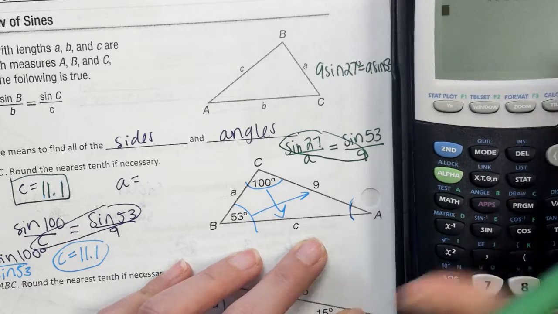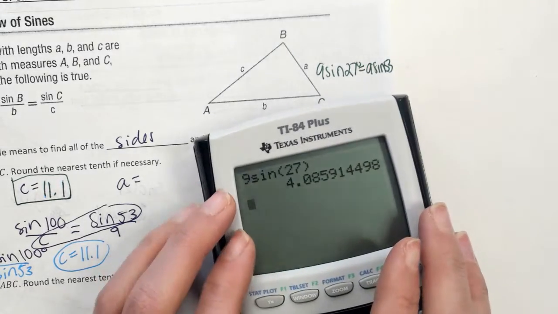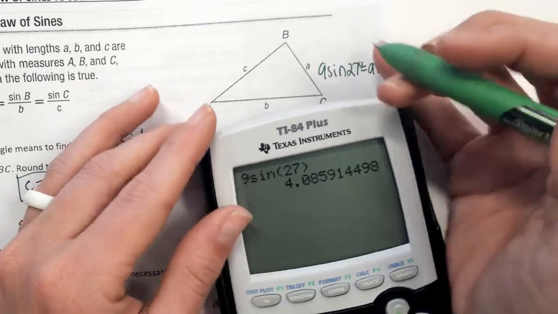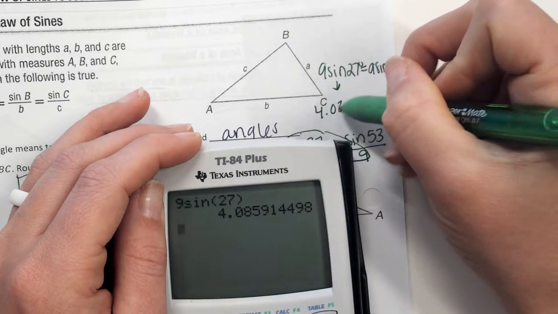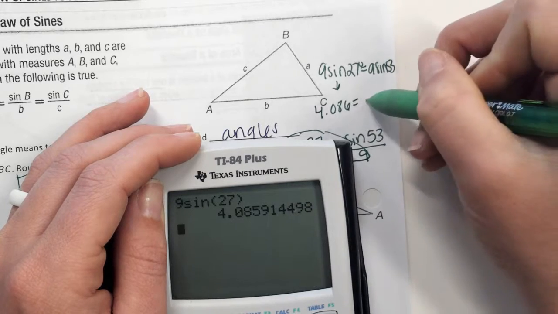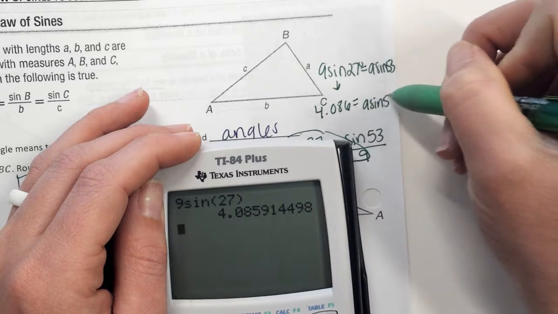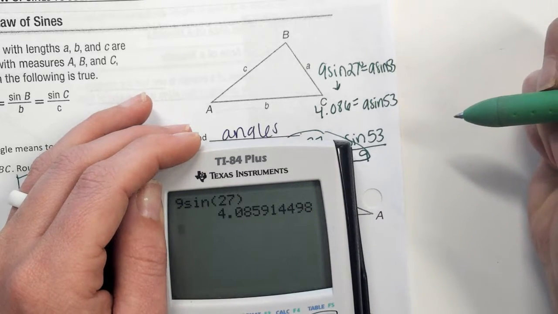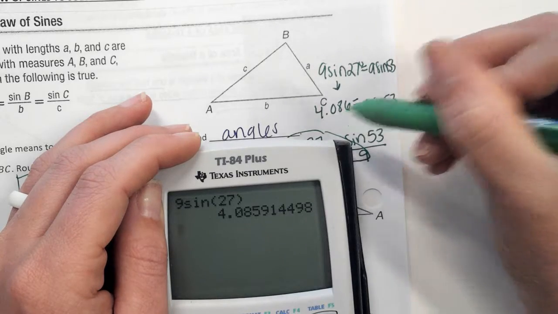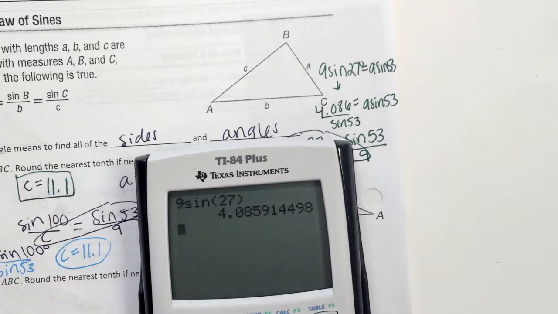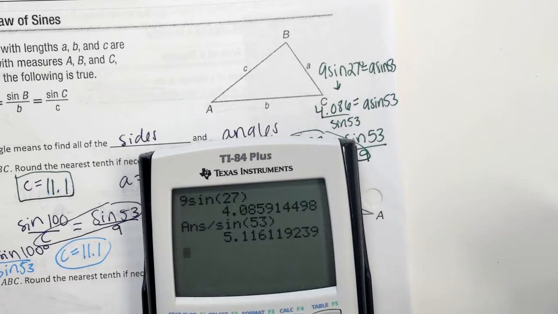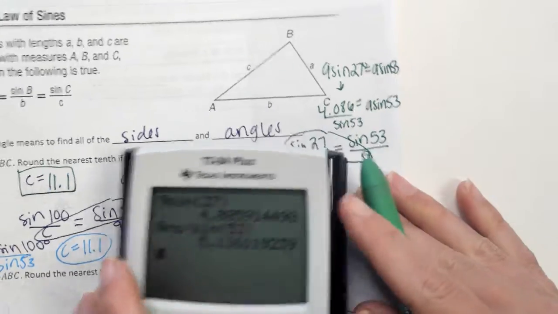It should be 4.0859 and so on. So I'll replace that with 4.086 equals A sine 53. And now how do I solve for A? Divide by what? Sine of 53. Divide by sine 53 in your calculator, and that'll give you around 5.1 for this side.